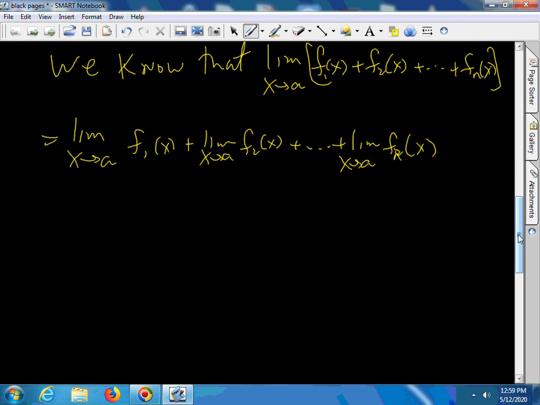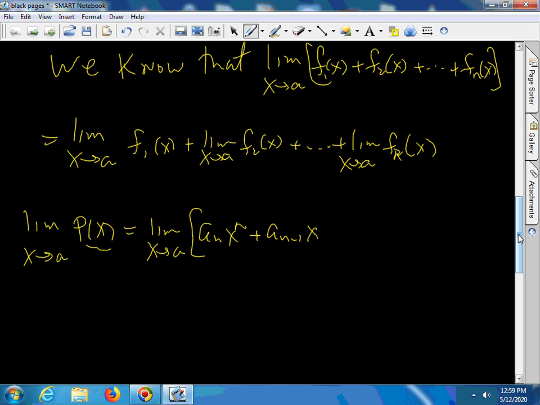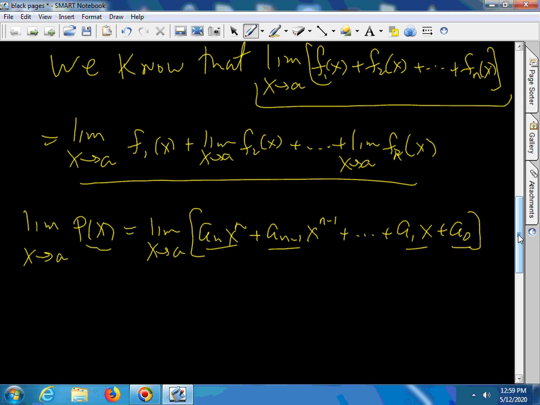So now, the limit as x goes to a of p of x, this is the limit as x goes to a of whatever p of x is. And p of x is a n x to the n plus a n minus 1 x to the n minus 1, all the way down to a1 x plus a0. But these are functions. They're not the most complicated functions, but they're functions. And like I said right up here, you can take the limits separately.